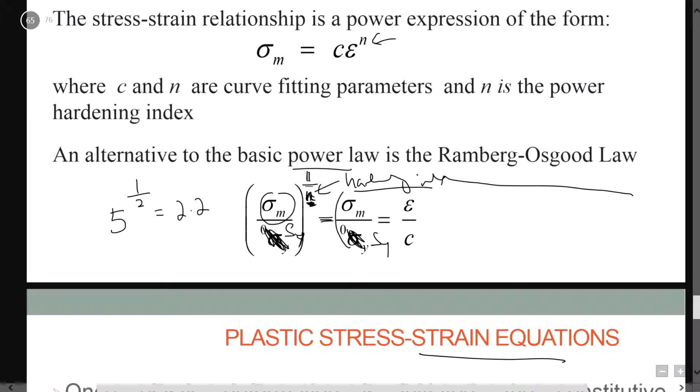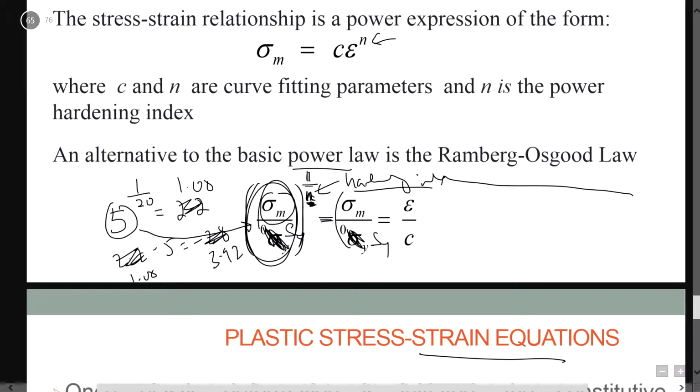And we know that 5, for example, is the von Mises divided by your ultimate stress. Then 2.2 minus 5 is equal to minus 2.8. And if your n increases, instead of 2 it is 20, then we have 1.08, and therefore 1.08 minus 5 is about minus 3.92, something like that.